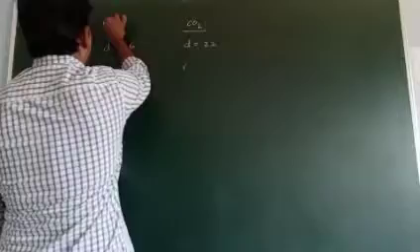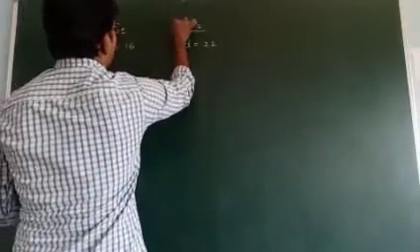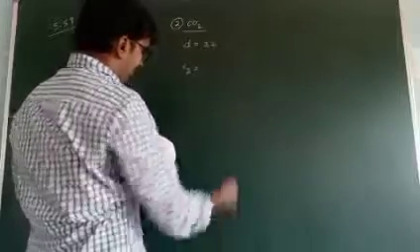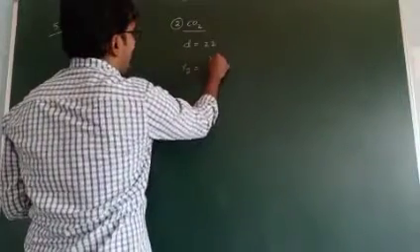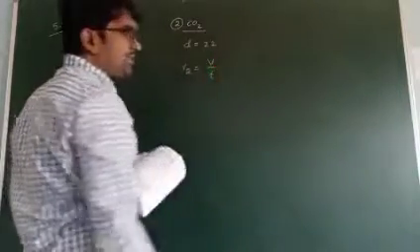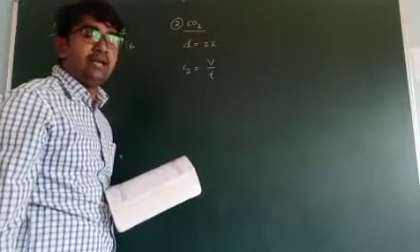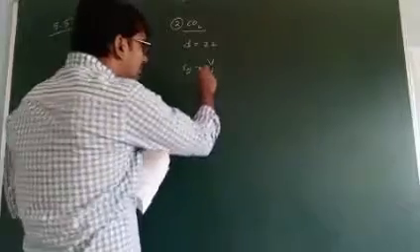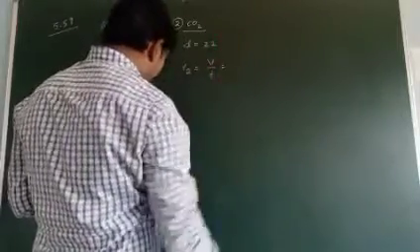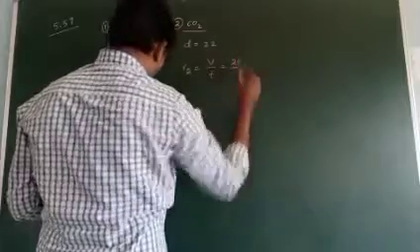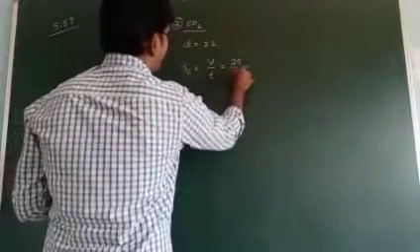Simply, this one is taken as 1, first gas, and this one is taken as 2. So R2 is given indirectly. What is the rate formula? Volume by time. R is equal to the volume of gas diffused by the time taken for diffusion. So this value is given: volume 25 cm cubed, that is 25 ml, by time 75 seconds.